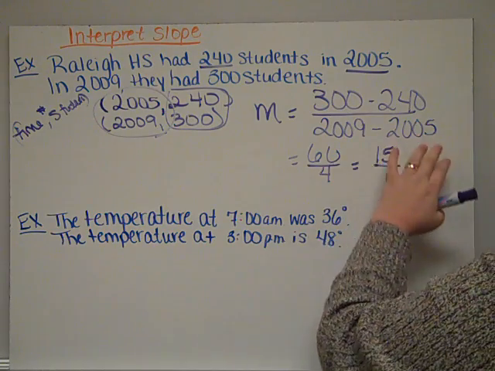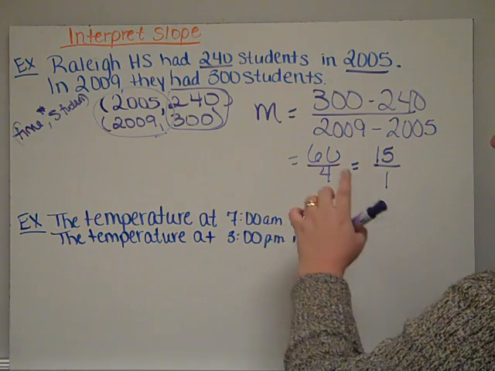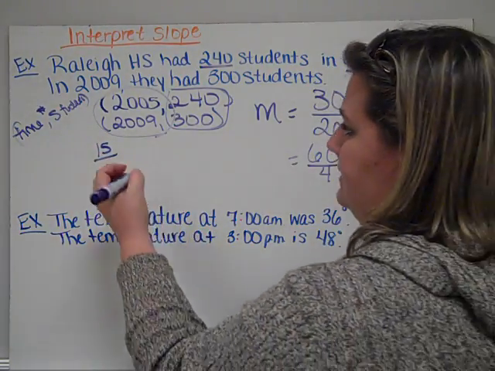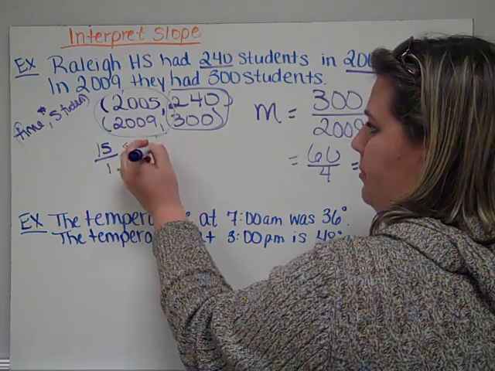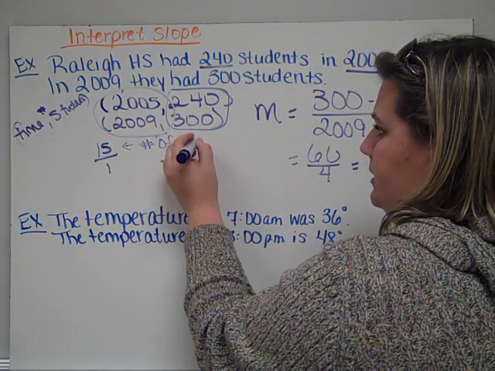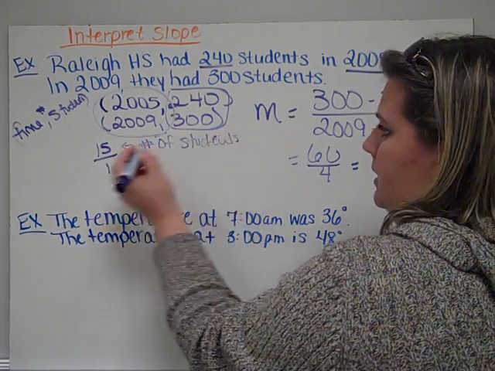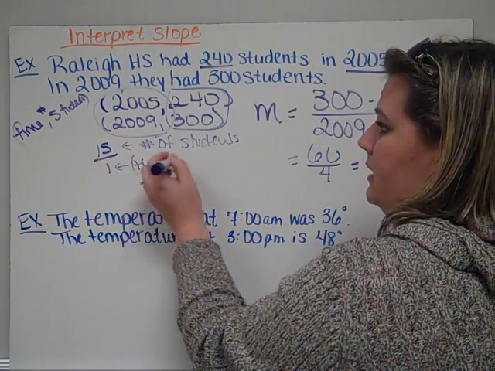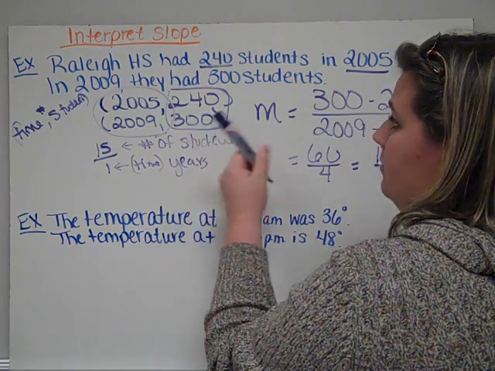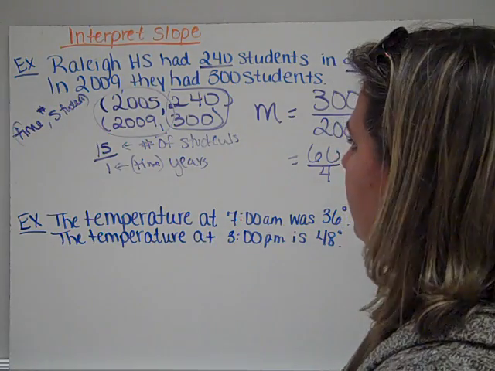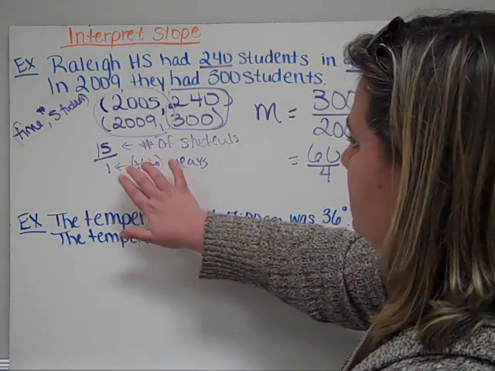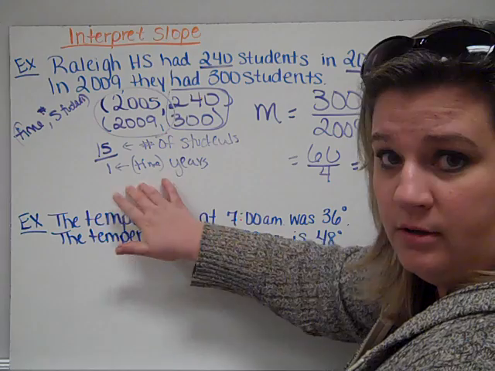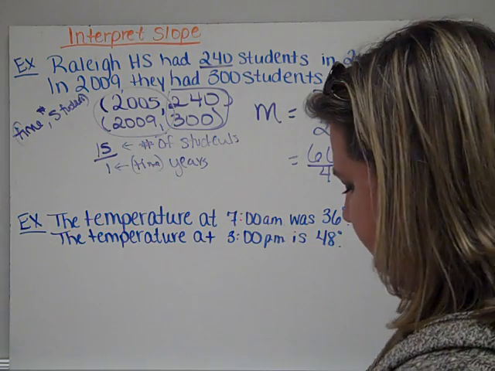So let's look at how do I interpret this. Remember, our y's, if I have 15 over 1, our y's are representing the number of students. And this is talking about our time, which our time here is in years, right? Because we're talking about 2009, 2005. So I can interpret this that Riley High School has 15 students every year that's being added, okay?